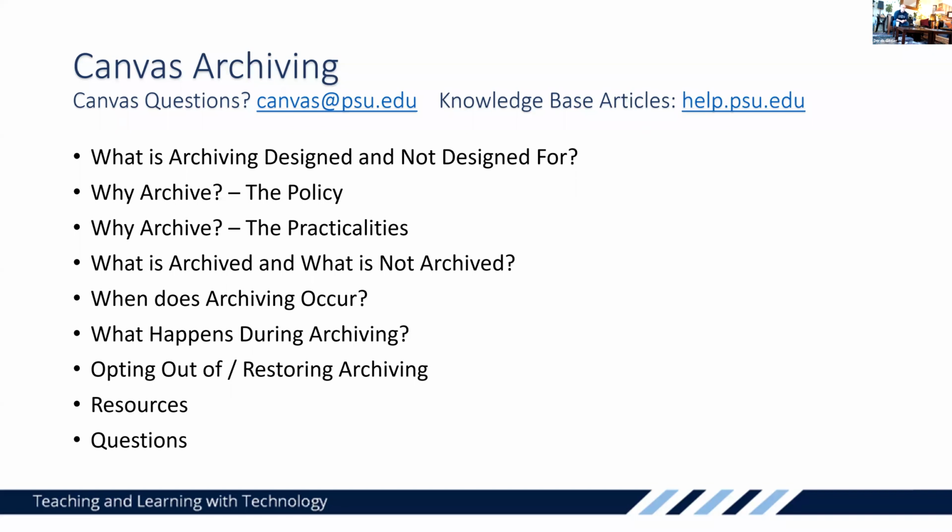When does this occur? What happens during each archiving process? How do you opt out or restore courses that have been archived? And finally, the several resources that I will cite during the presentation. I have a slide at the end with active links, and I'll distribute a copy of this presentation afterwards. You can always click on those and get any information that you need from them.